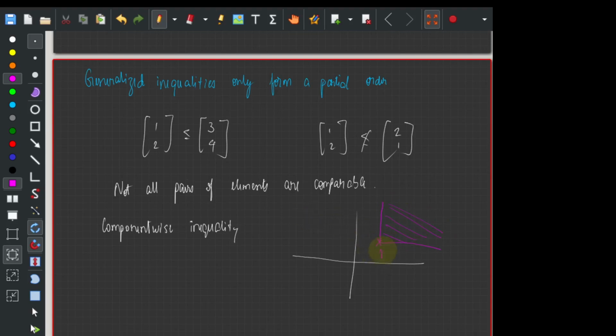So let me call this point X. This is basically the set of all points X prime such that X prime is greater than or equal to X. Okay, so now what is the set of all points for which this point is greater than or equal to, or in other words, what is the set of all points less than or equal to X?